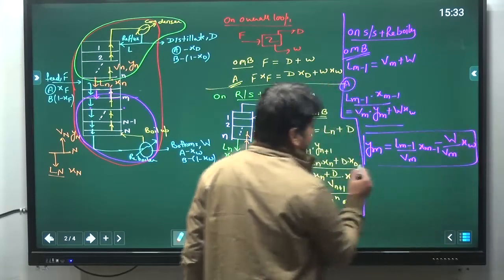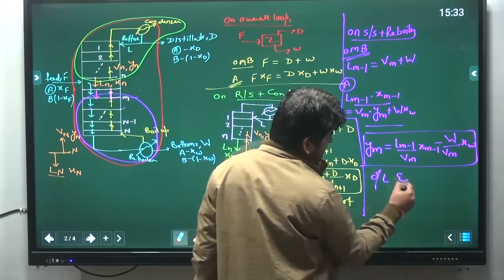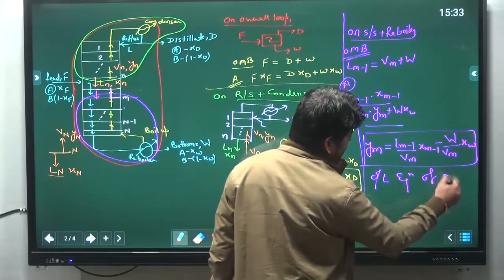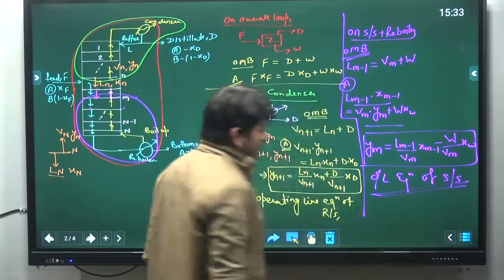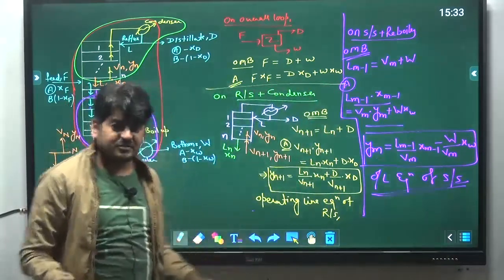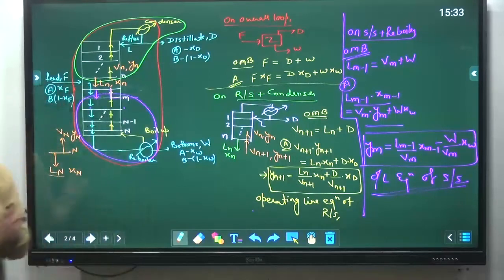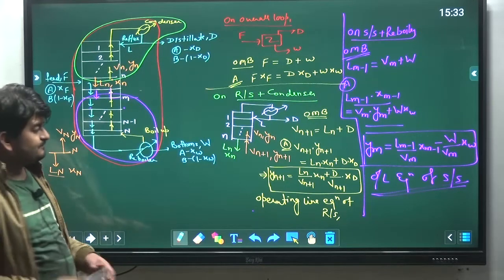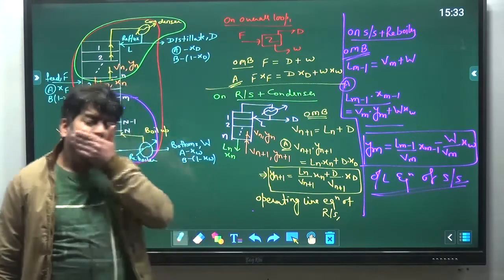So this is the operating line equation of the stripping section. How mass transfer is taking place actually in a stripping section. I hope this is clear to all of you.